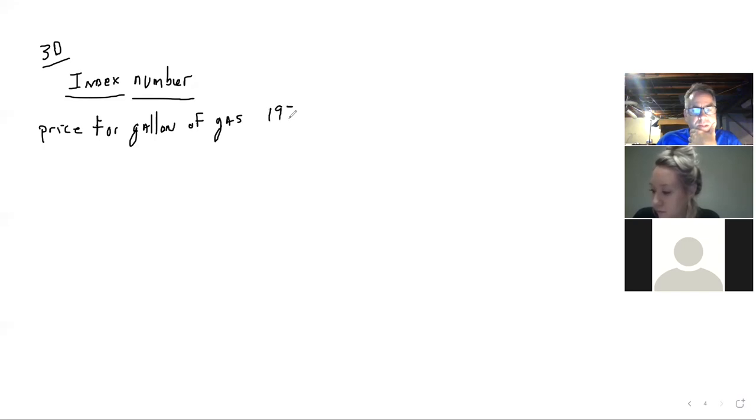So if in 1975 it is 57 cents a gallon, and in 1985 it's $1.20.